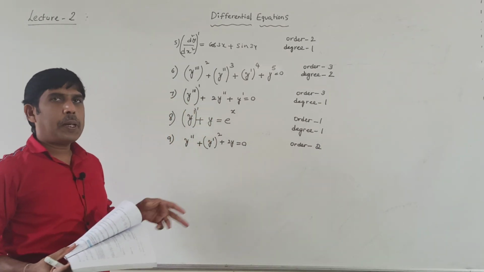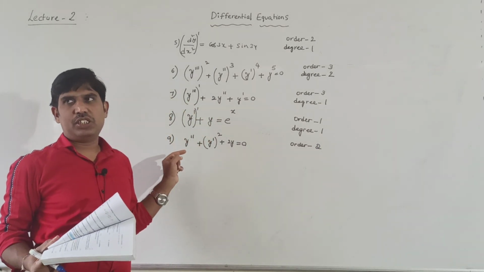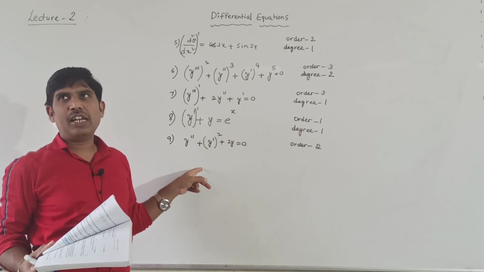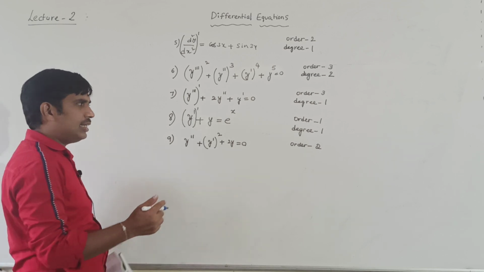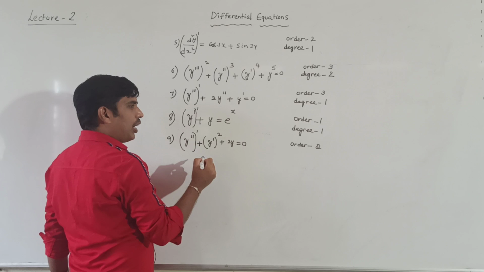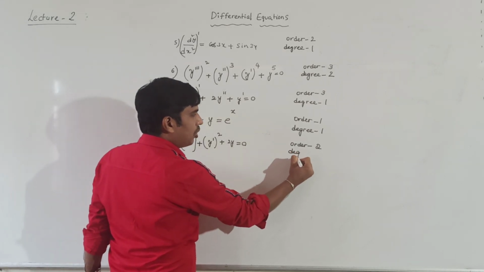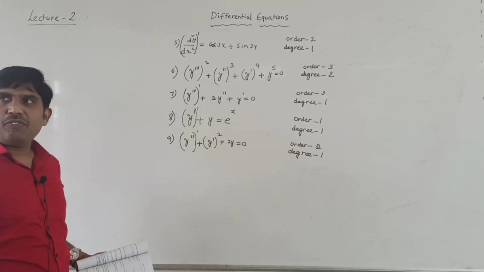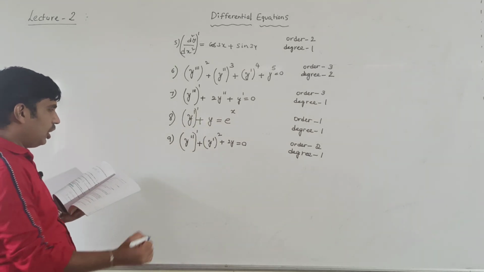Next, it is a polynomial function in derivatives and does not contain any transcendental function including derivatives. Hence, degree is defined. What is the highest order derivative index? Nothing but 1. Therefore, it is an order 2, degree 1 differential equation.